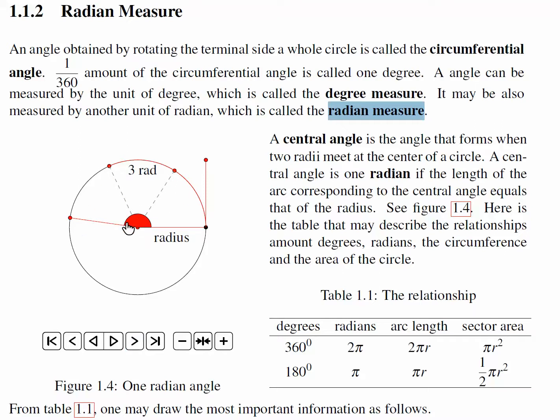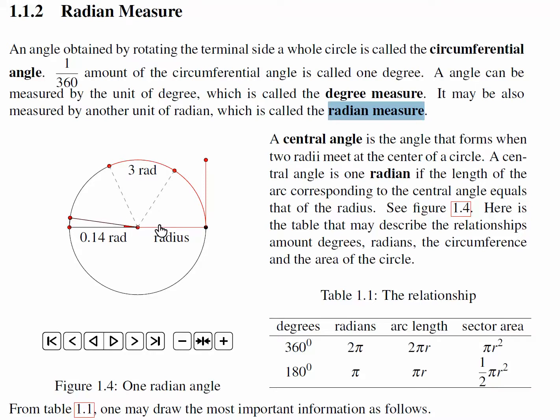So 3 radians, this red sector marked angle, with initial side and terminal side. 1 radian is slightly less than 60 degrees. 3 radians will be slightly less than 180 degrees. So if you add 0.14 radian, that will be 3.14 radians. That's going to be pi.